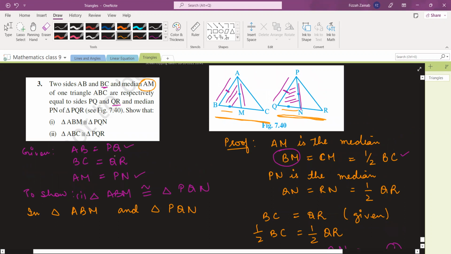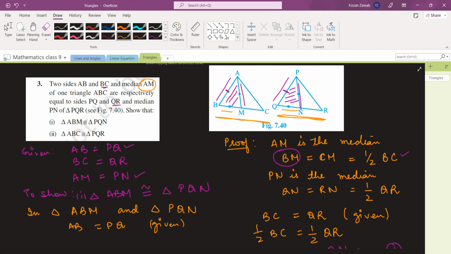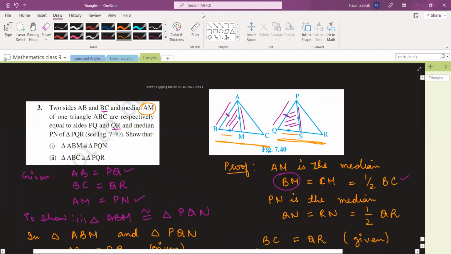So AB is equal to PQ, and the median AM is equal to PN. Triangle PQN. Please note it down.